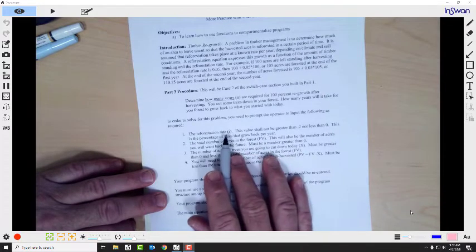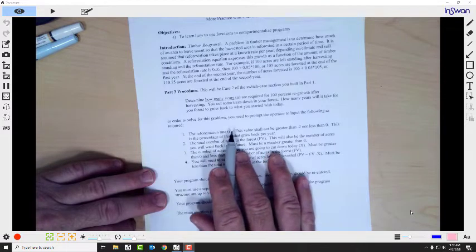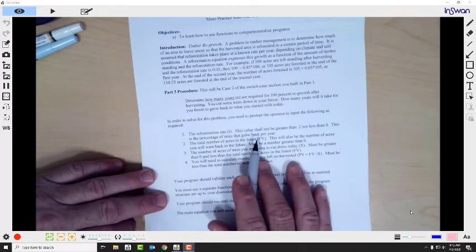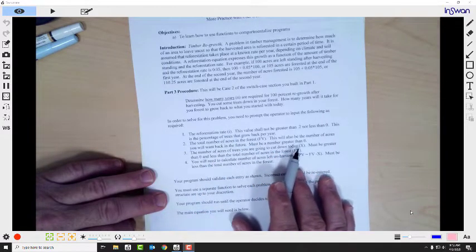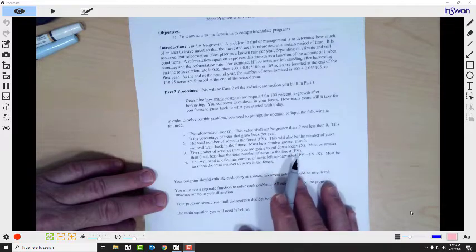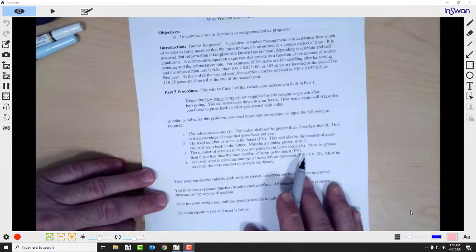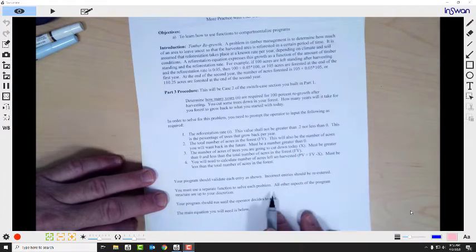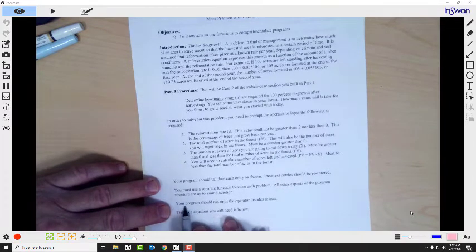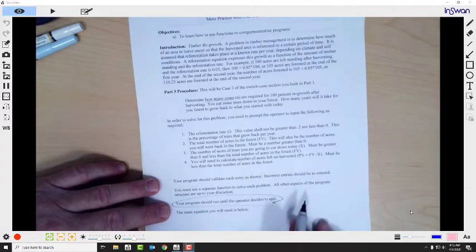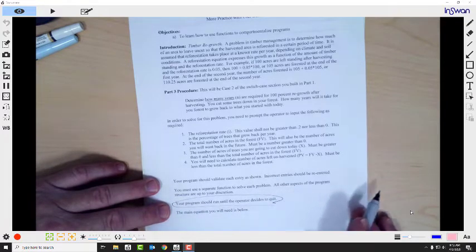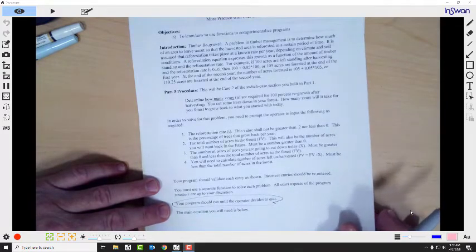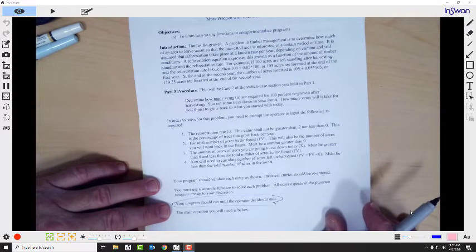So you should be able to reuse a function here. We'll have to create a new function for FV, a new function for X, and an equation that does this. Again, this isn't anything new, that's just a continuation. The program needs to run until the user decides to quit.